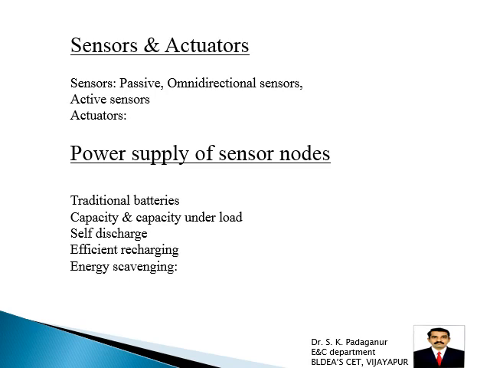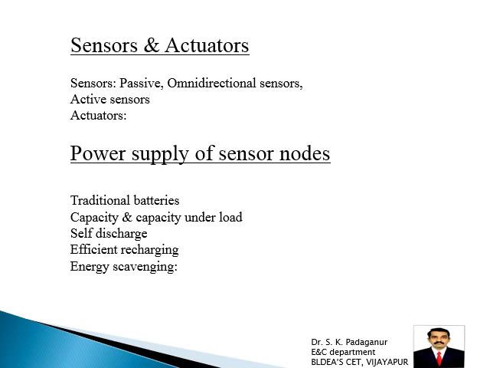Energy scavenging is a very important part of wireless sensor networks. It is just like energy harvesting: capturing energy from another source and sending it to a device which can perform some operations. So all these are very important.